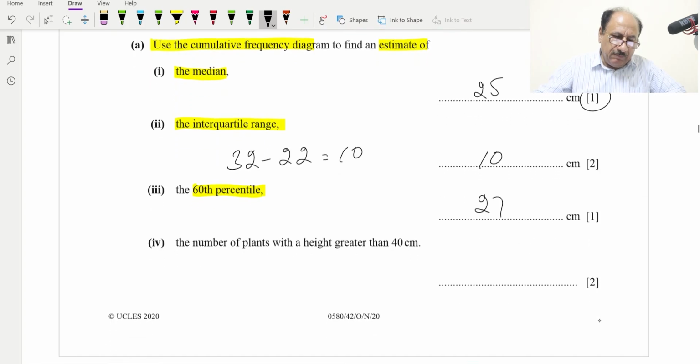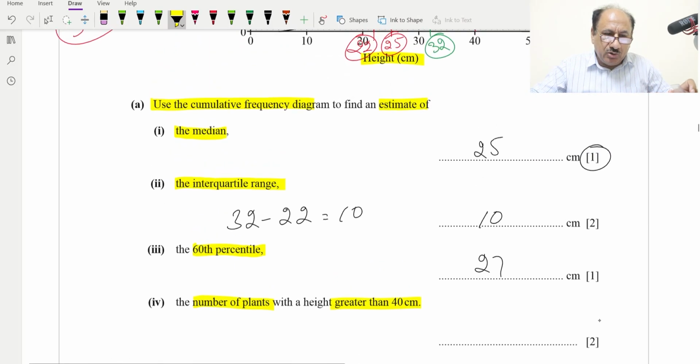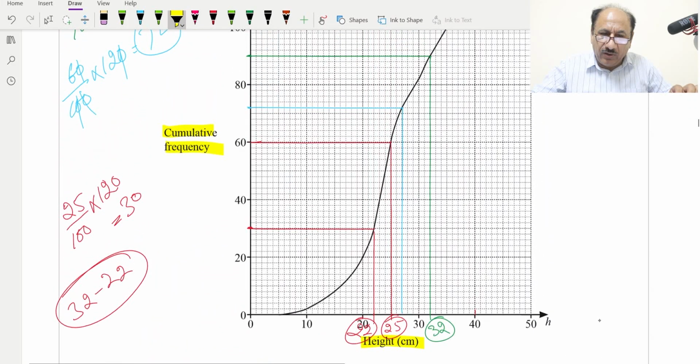Then they are asking for the number of plants with a height greater than 40 centimeters. So for a height greater than 40 centimeters, we'll check the reference for that height.